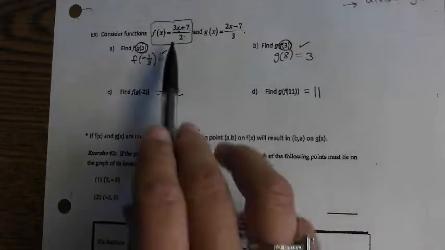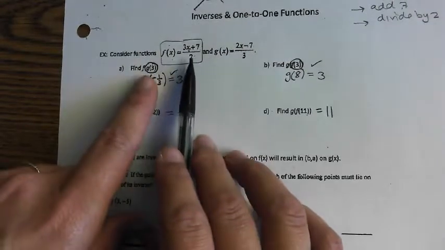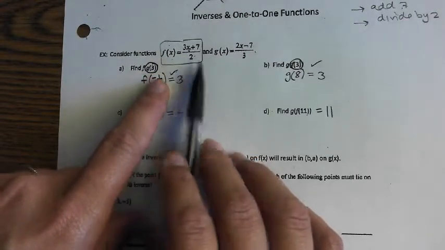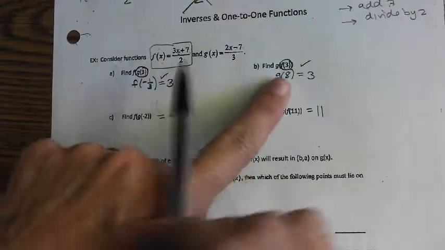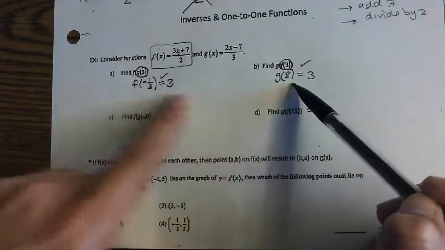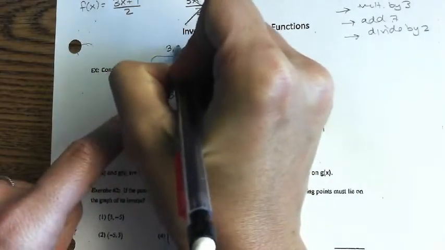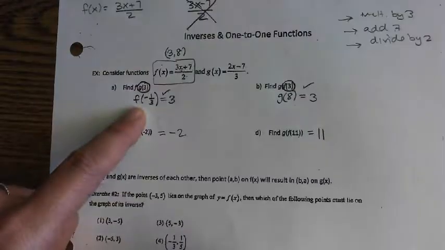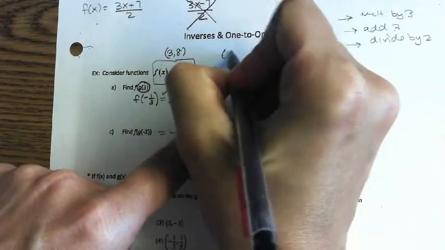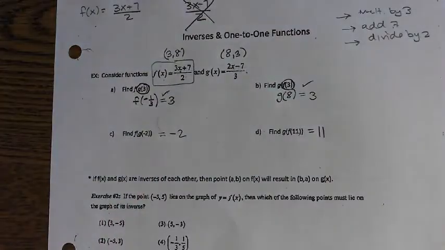So for example, f of x, when we plugged in 3, we got 8. So if f of x contains (3, 8), then g of x contains (8, 3) is what we're saying there. Does that make sense?